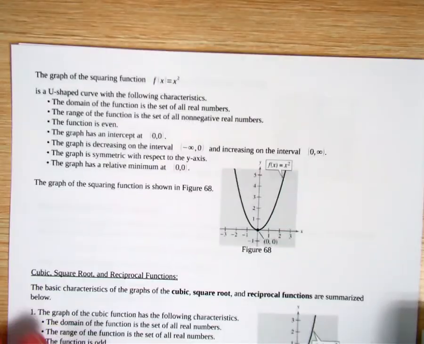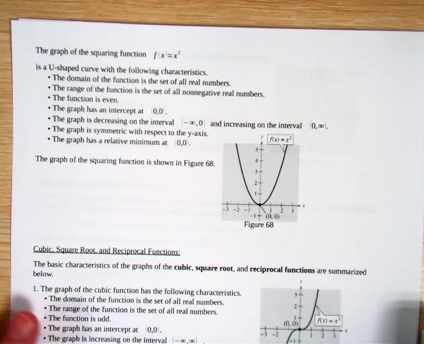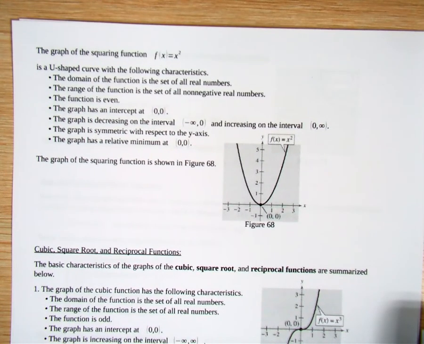Then we have the x squared graph, the squaring function, the quadratic function, a U-shaped curve. Domain is all real numbers, and for the most basic one, the range is 0 and up.